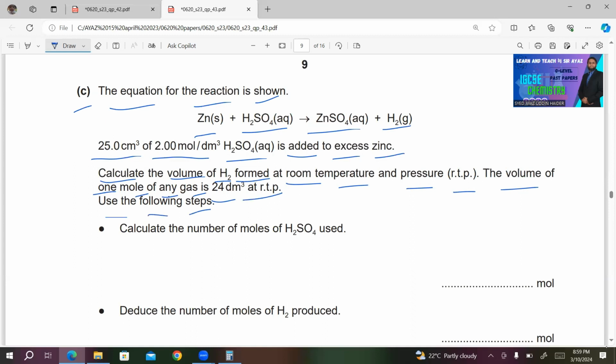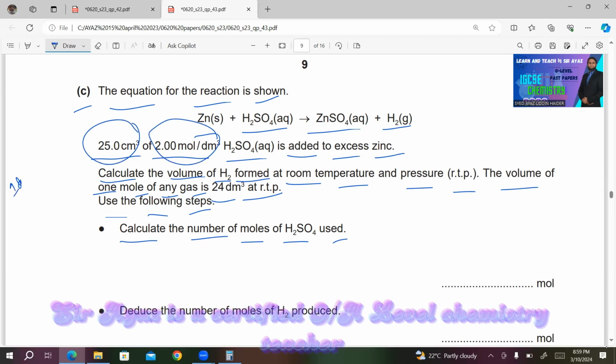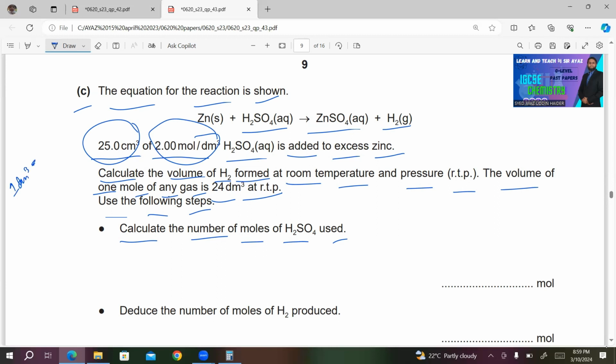Use the following steps. Calculate the number of moles of H2SO4 used. So we have a volume of H2SO4 given as well as the concentration. So you should know that 1 dm cube is equal to 1000 centimeter cube. So you write 1000 centimeter cube contains 2 moles.